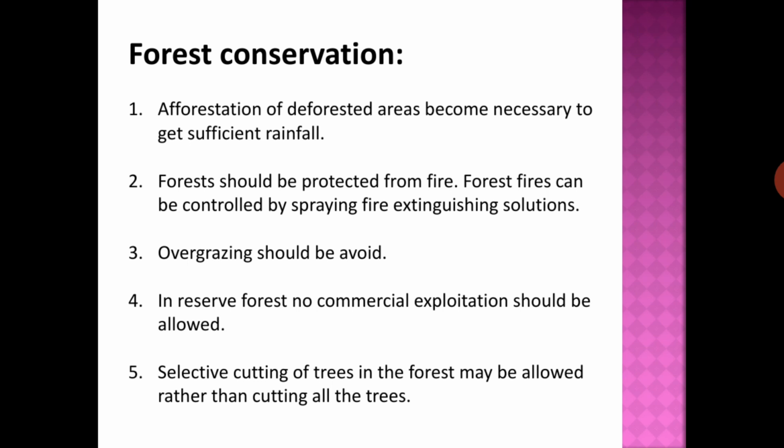It is everyone's responsibility to do afforestation, nothing but planting a tree in a deforested area. We have to plant new trees to get sufficient rainfall, and a forest should be protected from fire. Forest fires can be controlled by spraying fire-extinguishing solutions.